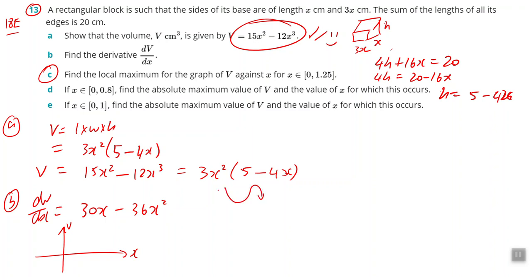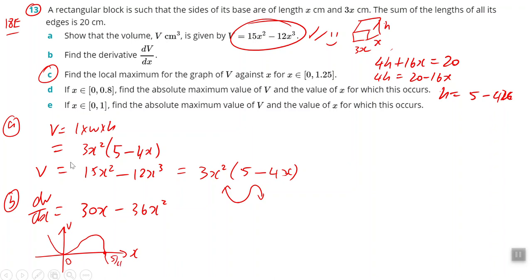We've got a bounce at x equals 0, and we've got a cut at 5 on 4. So we've got something that looks like this: 0, 5 on 4.